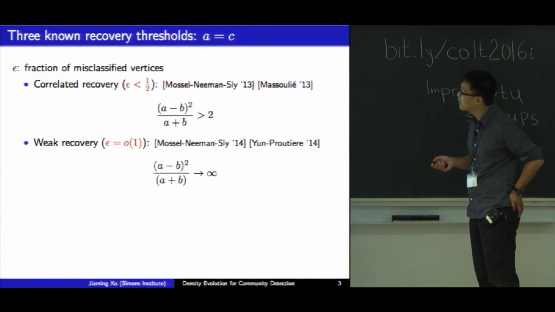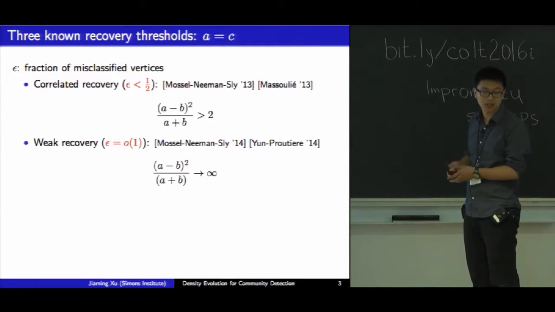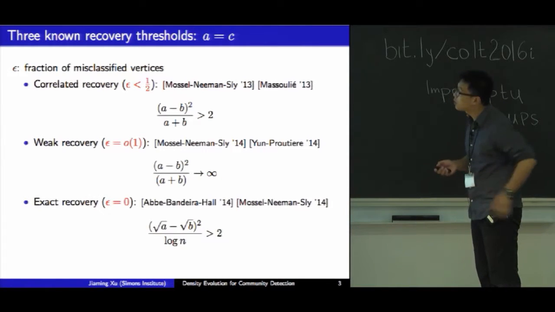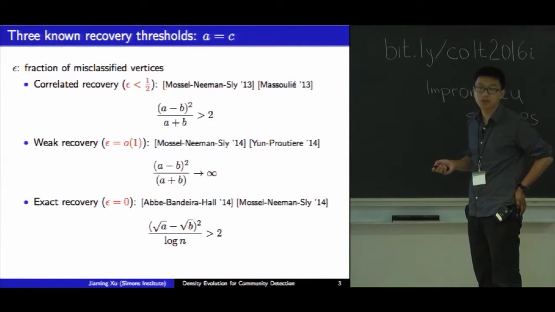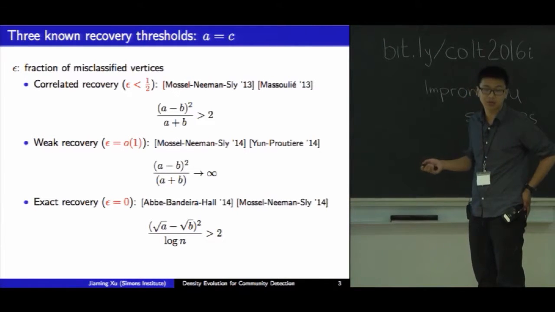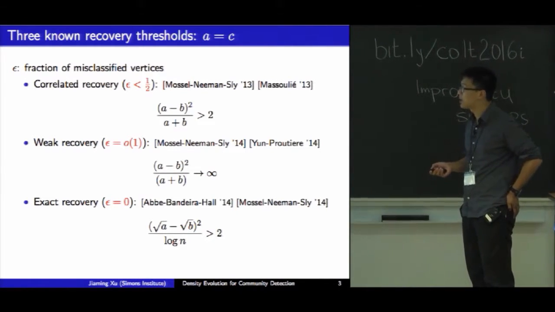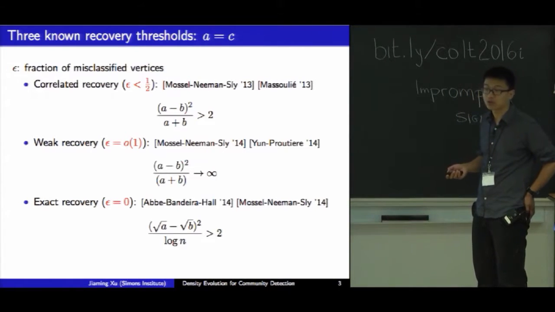In particular, you can think of the left-hand side as a signal-noise ratio. Here you want the signal-noise ratio to go to infinity as you increase the number of nodes. Okay? And then we can also look at the so-called exact recovery, which essentially says that there's no error at all with high probability. And similar results have been shown for the sharp phase transition threshold.